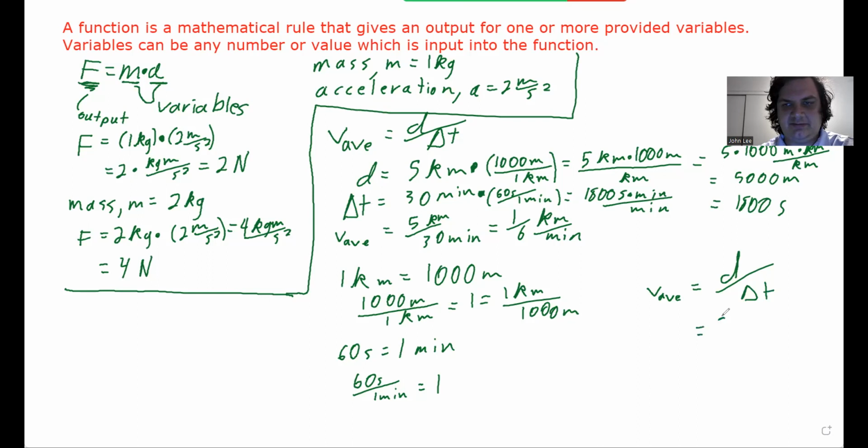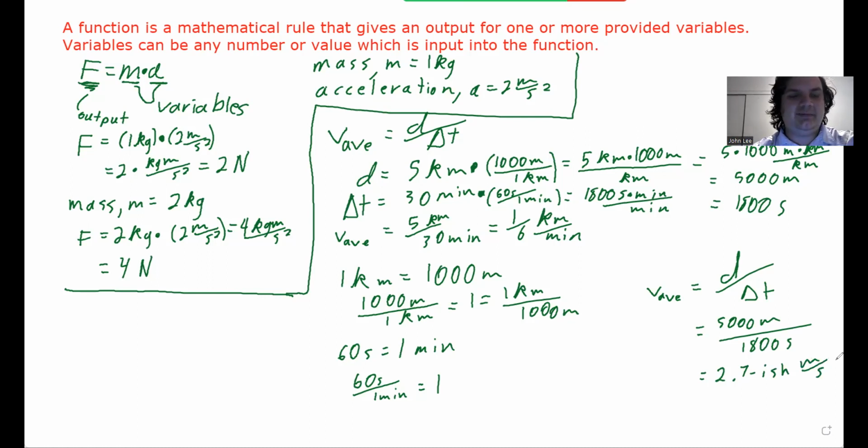It's going to be 5,000 meters over 1800 seconds, which is going to be a little more than 2.5, so approximately 2.6, 2.7-ish meters per second.